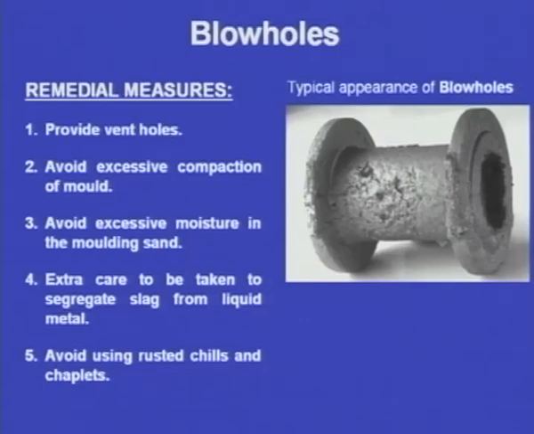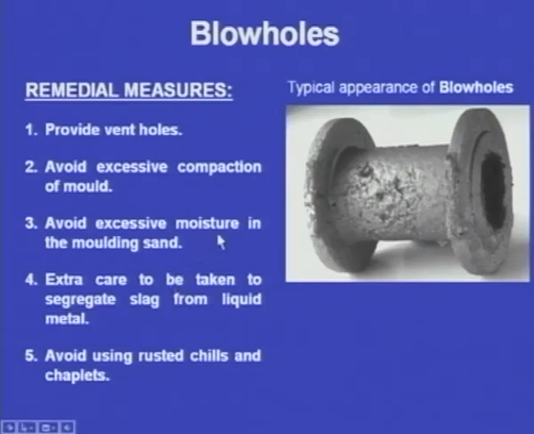Next one, avoid excessive compaction of the mold, because we have seen that the molding sand possesses one property called permeability, because of which the hot gases will escape through the sand particles, and if we compact the sand very hard, the hot gases cannot escape. So, we should avoid excessive compaction of the mold.